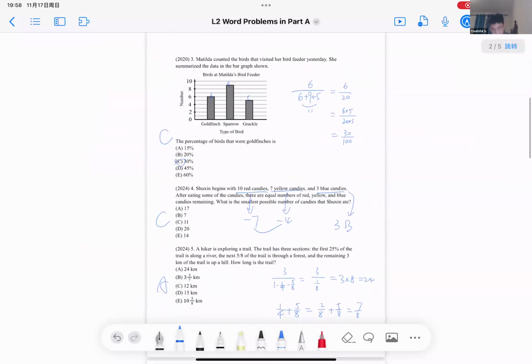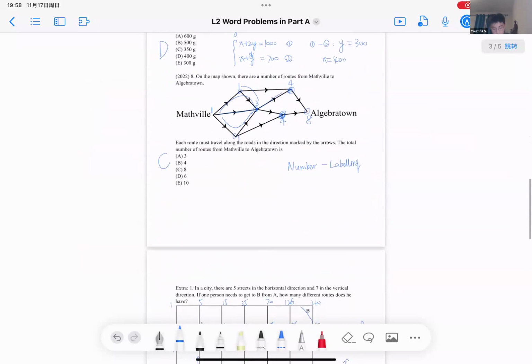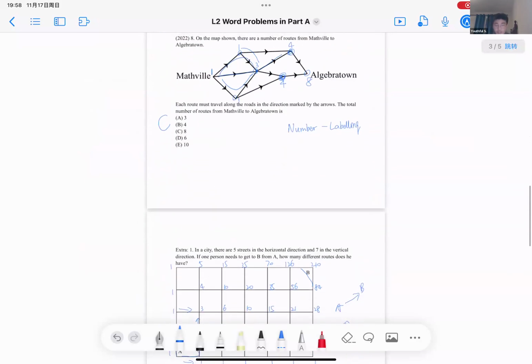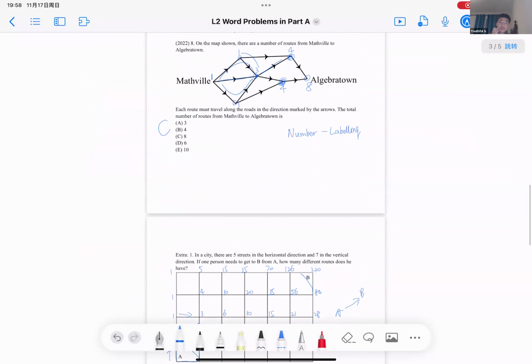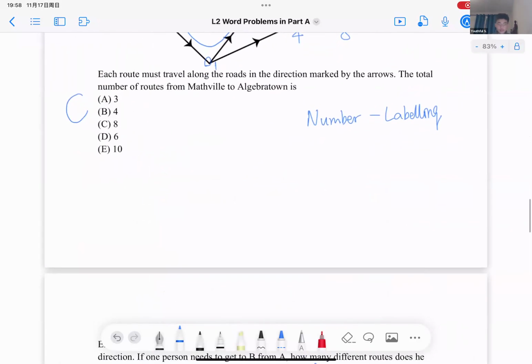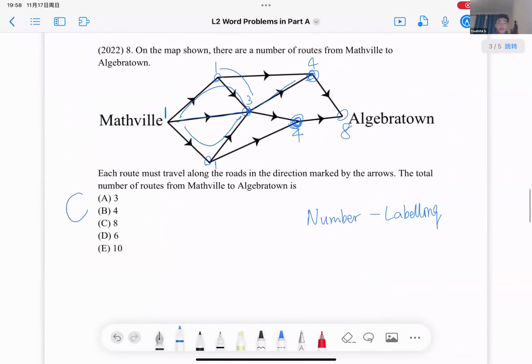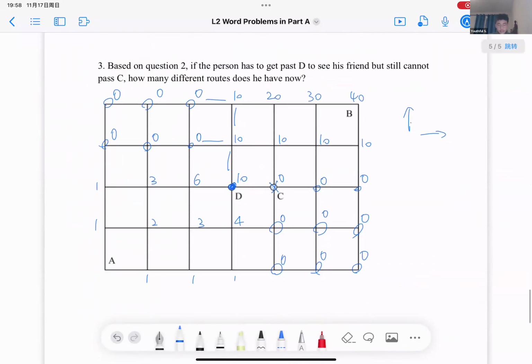And we mainly talked about the number labeling skills in the word problems. In the Pascal math contest, because it's a grade 9 contest, it's not really a big deal. It's not going to have super hard questions. This is probably considered super hard for them. It's not going to be part A, no.